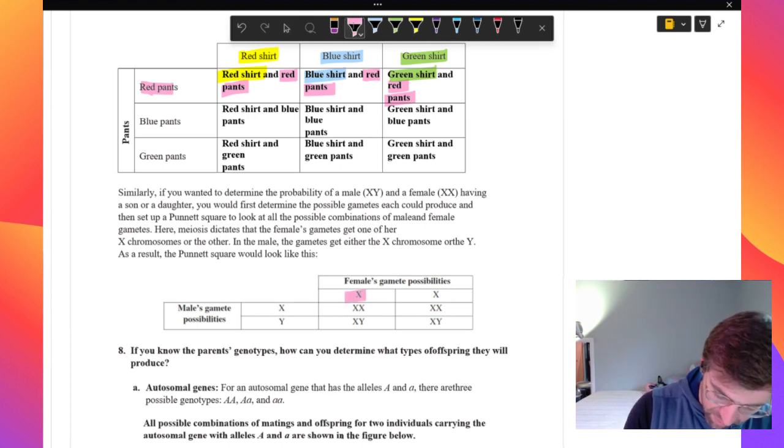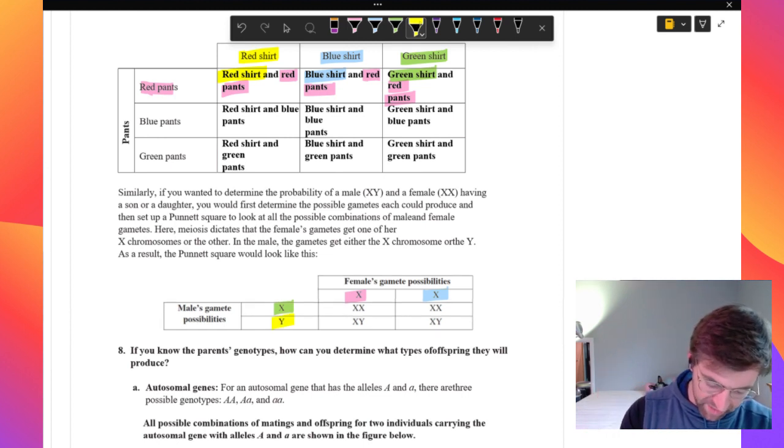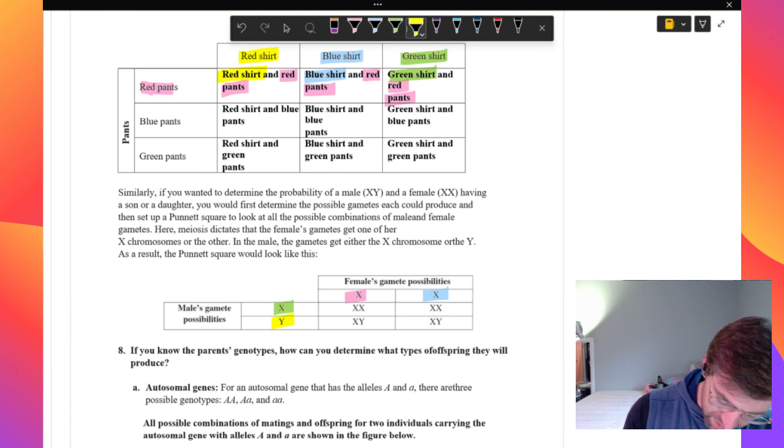So you have female gametes X and Y, male gametes X and Y. I meant XX, sorry, XX and XY. And so we've got the female X here and the male X here.